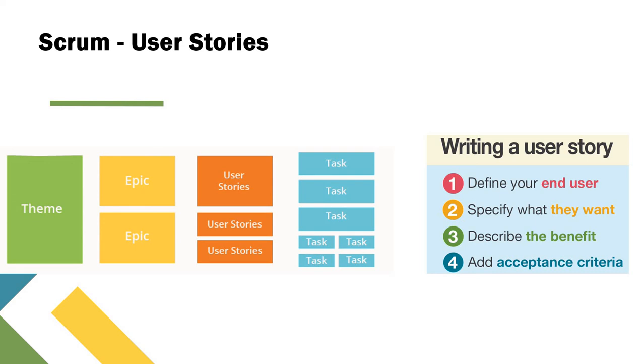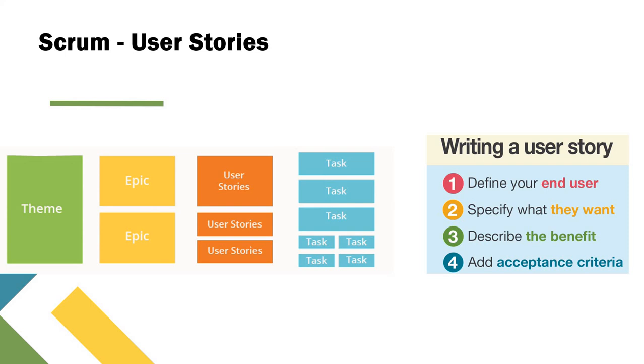Each user story has acceptance criteria defined so that the correctness of the implementation of the user story is confirmed, that it has passed the acceptance test. So that's about the user story. In writing user stories, the product owner is responsible for the product backlog, and also for the user stories.